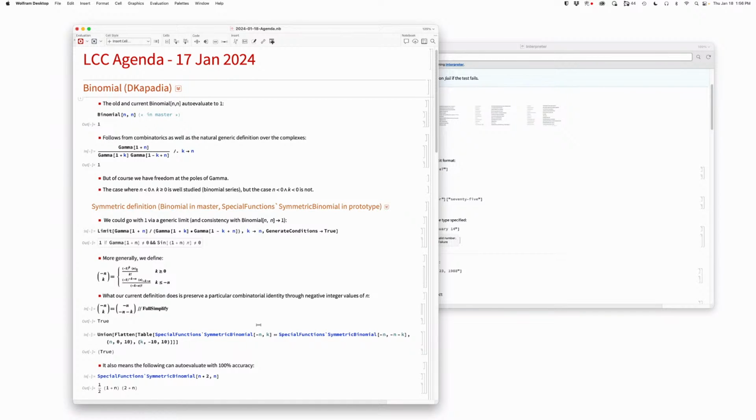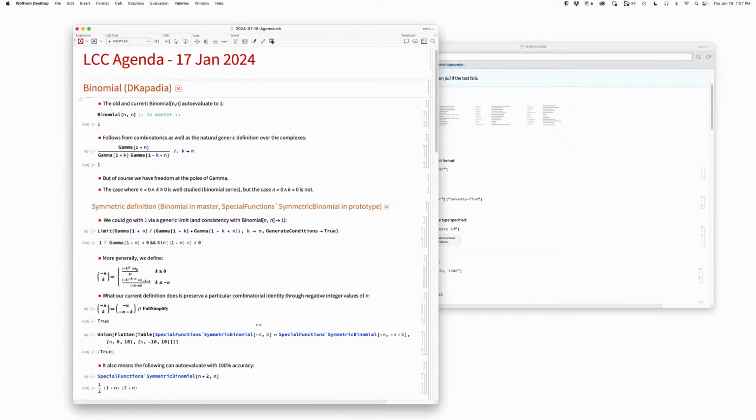So basically, this started with binomial of n, n auto-evaluating to 1, which is combinatorics, or if you just look at the natural definition over the complexes, it's 1 everywhere except where we have poles, i.e. negative integers.